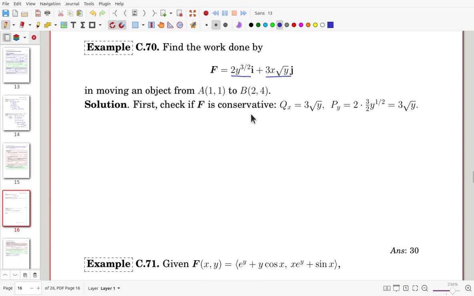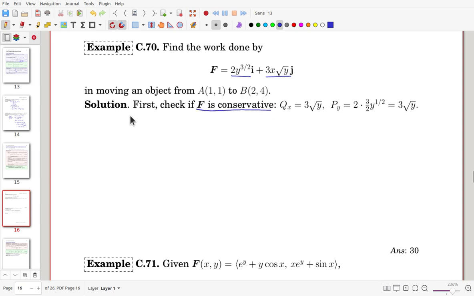And you can do it quite easily. For Q, the x derivative is 3 times square root of y. For P, the y derivative is 2 times 3 over 2 y to the 1/2 power. So we recheck that one. They are the same, which means that F is conservative.